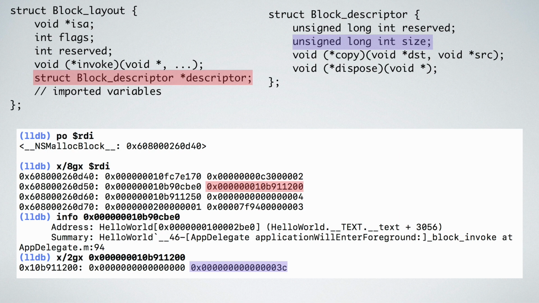So, okay, here is the block descriptor in memory. I'm saying dereference this and format it as two giant words, formatted in hex, and we get 0x0 and 0x3A. Each of these is 8 bytes long, so this will tell me the size of the block.